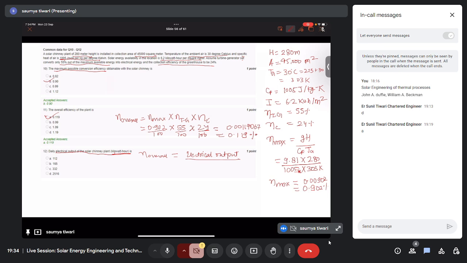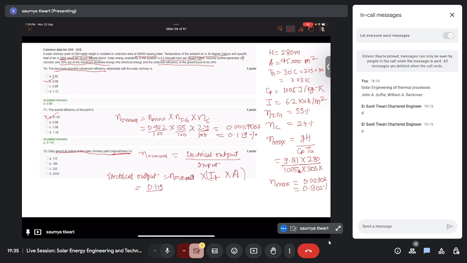Your input is your solar thermal input. Your electrical output will be your overall efficiency into your input. Input is your incoming solar flux onto your area. This is your input energy.